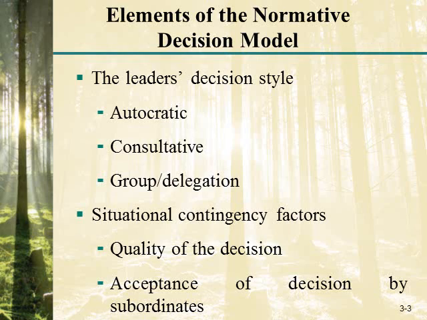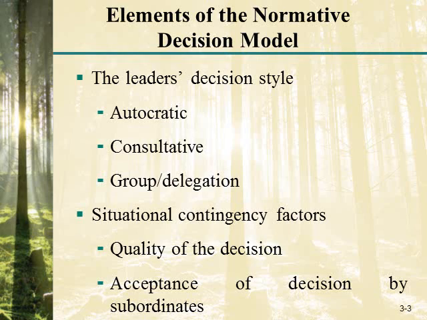So here we have several styles. For example, we may have the autocratic leader, the consultative leader, and the group delegation leader, the one who delegates the work to the employees. We're going to talk about this. In terms of situations, we care about making a good decision. The quality of the decision is very important, and so is the acceptance of the decision by the subordinates, because finally we are trying to make a decision that's going to be accepted by the others.